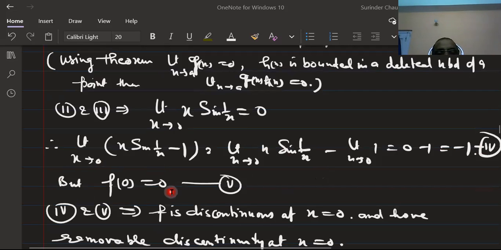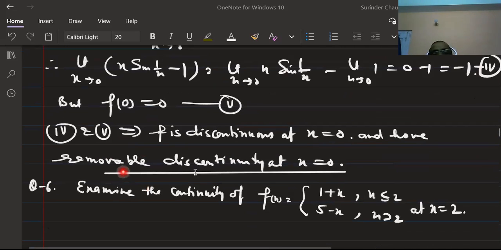But the value at 0 is equal to 0. So the left limit at 0 and right limit at 0 are equal to minus 1, but the value of the function at 0 is 0, so the function is discontinuous at 0. If you put f(0) equal to minus 1, the function becomes continuous at x equal to 0.